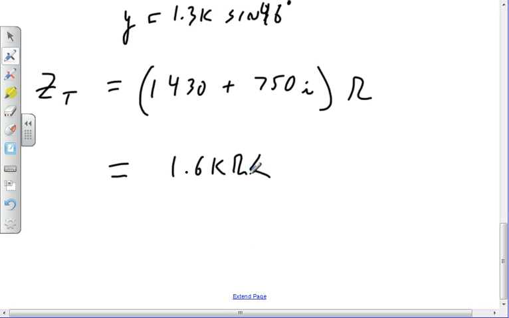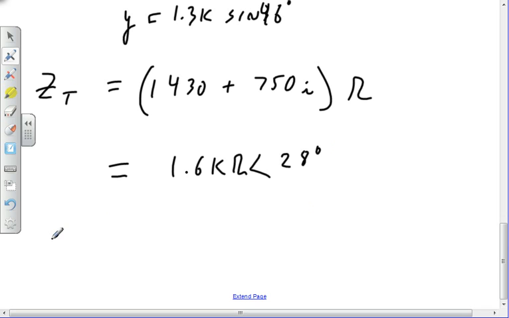No, it can't be minus 27.6. How did I get a minus guy in there? 1430, XY key, 750, equals, third function, boom. Okay, that's right. 27.7 degrees. We'll call it 28 degrees. So that's going to be my total impedance.